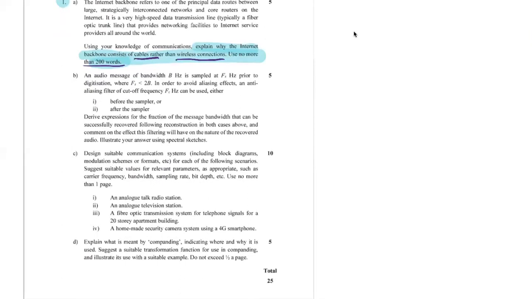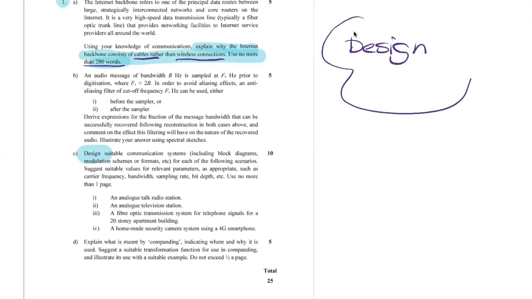Okay, many questions, or at least several questions, so more than one question, will involve design, okay? When you're asked to design something, sometimes you're not given any numbers. So for example, look at this question here. For 10 marks, there's not a single number.